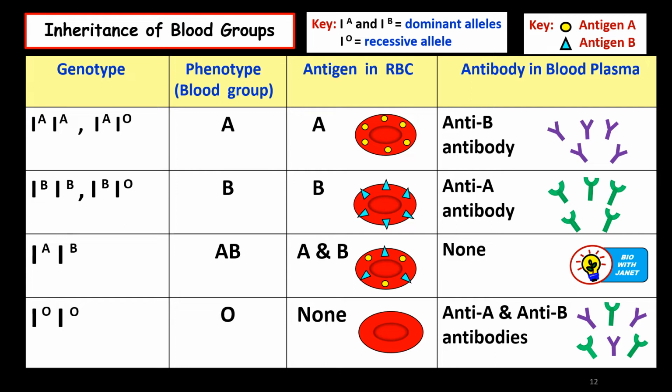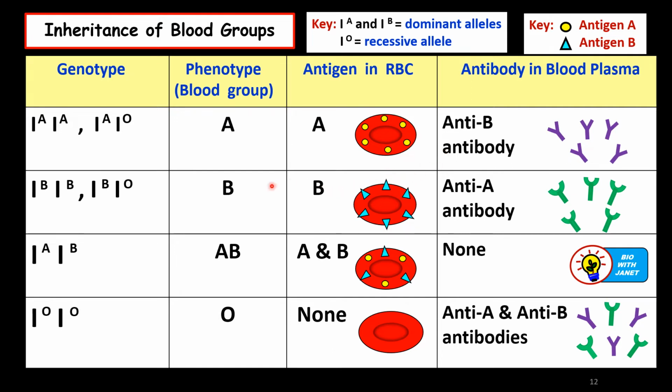So apart from the antigens, let's discuss and revise the type of antibody in the blood plasma for the different blood groups. A person with blood group A has antigen A in his red blood cells, but the antibody in the blood plasma is the anti-B antibody. Alright, so he naturally has anti-B antibody, which can react with antigen B from another person's blood, if that blood is transfused into the person with blood group A, right?